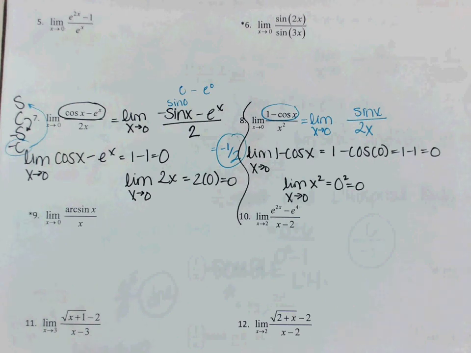What's the derivative of sine x? Cosine. And what's the derivative of 2x? 2. Now I plug in 0. What's the cosine of 0 on top? 1 over 2. So that one was a double, because after I took the derivatives and plugged in, I got 0 over 0 again. Okay?